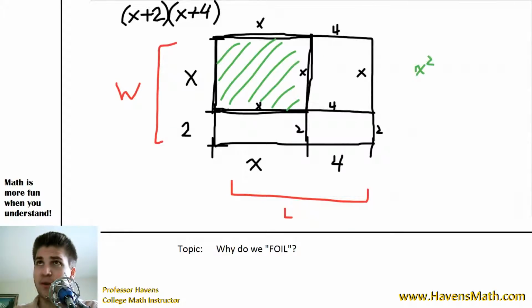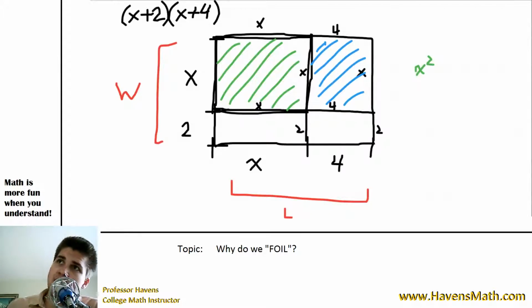So I'm just going to write that over on the right, because that's the area of that guy. Then if we look at these other segments, let's do the next segment in blue, this segment over here, the area of that, this would be a rectangle. It has length 4 and width x, or vice versa. If we look at the dimensions of that rectangle, one side is 4, one side is x. So the area of that rectangle would be 4 times x.